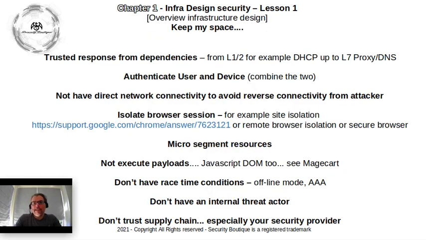So, in summary, if I need to analyze what the general rules are, you always have a dependency, as I said, from whatever component within the network, the DNS, the DHCP. You do have tons at all layers. Authenticate the user and devices. I see a lot of confusion across the two. If you authenticate the device through certificates, you need to compensate also to know if he is the user that he claims to be.